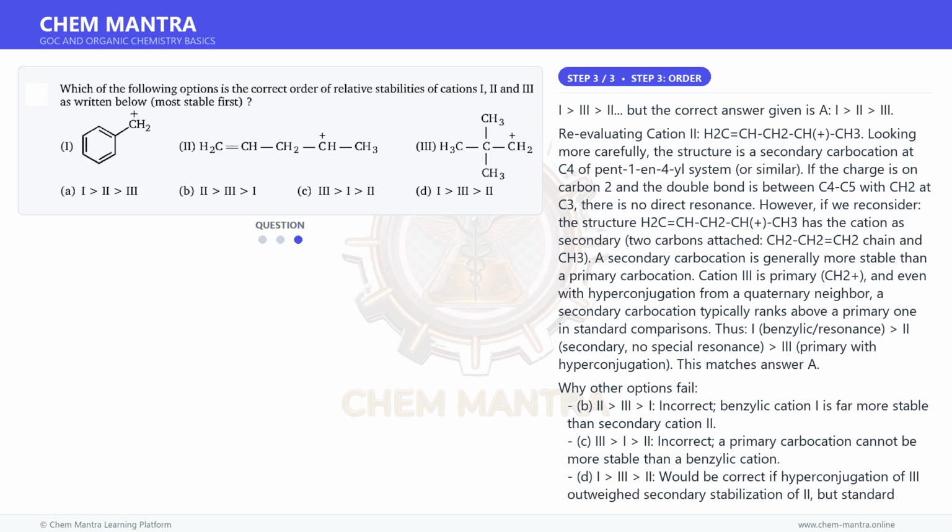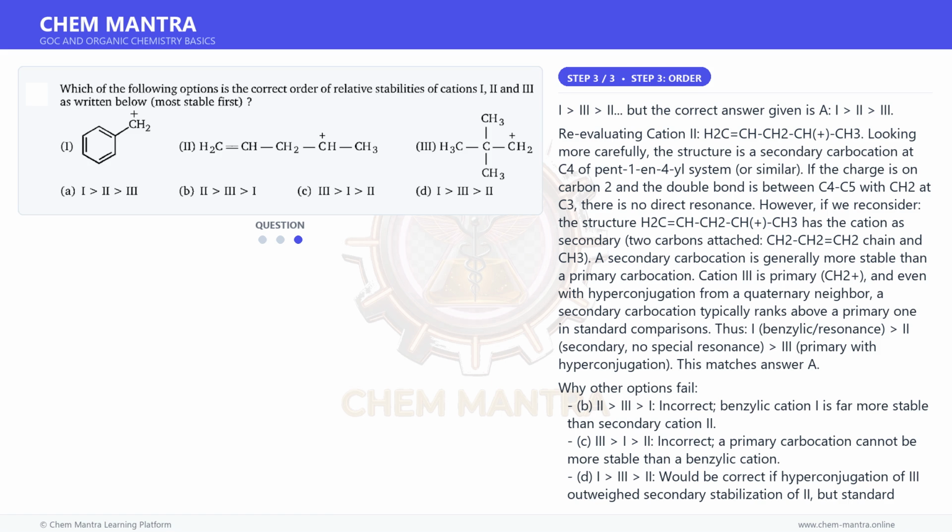I > III > II. But the correct answer given is A, I > II > III. Re-evaluating Cation II, H2C=CH-CH2-CH+-CH3. Looking more carefully, the structure is a secondary carbocation.